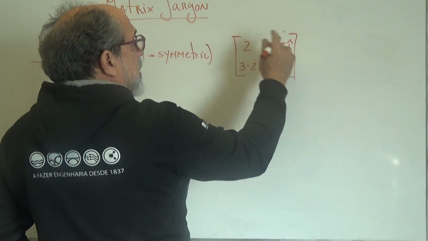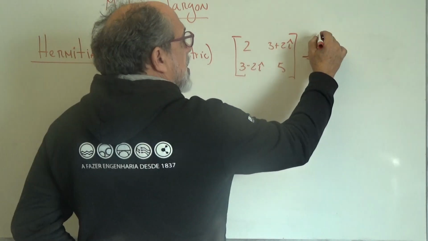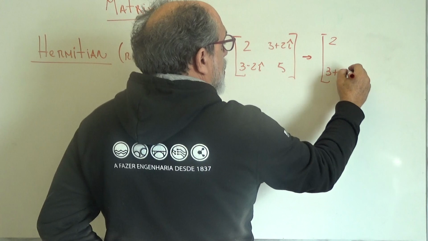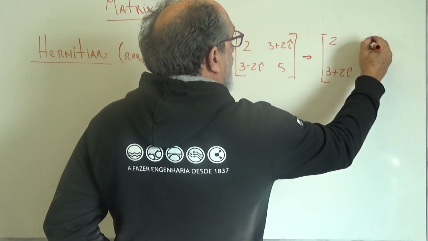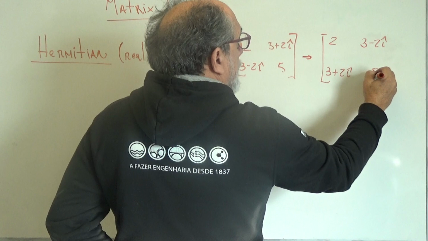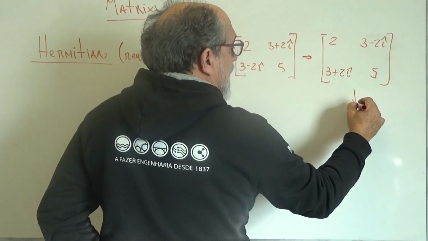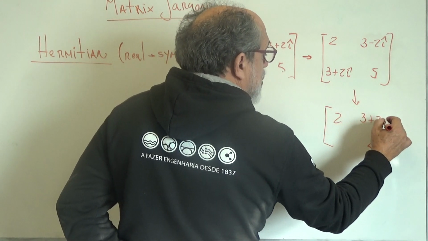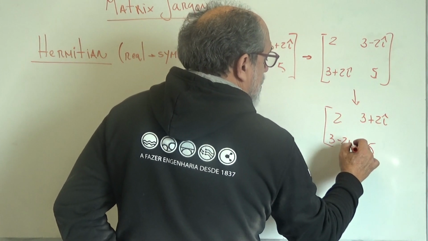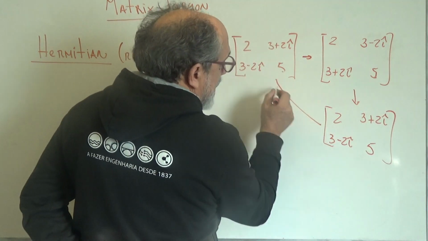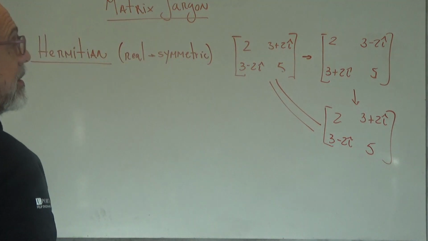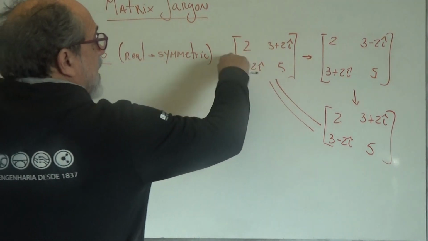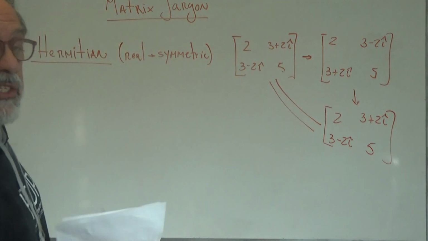We transpose this matrix, meaning this row becomes the column, 2, 3 plus 2i, and the next row becomes the second column. That's transposing. Then conjugation means the 2 and the 5 stay the same, this becomes 3 plus 2i, and this becomes 3 minus 2i. We see that these two things are the same. Therefore, we say that the matrix is Hermitian. It's obvious that if the matrix was real, then Hermitian and symmetric are one and the same.